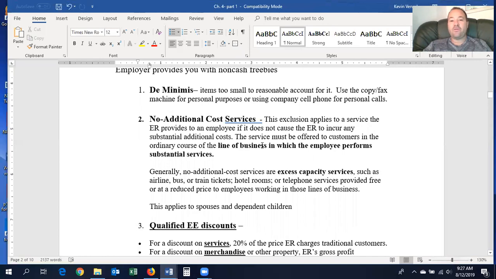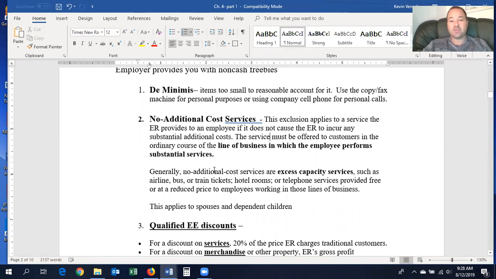All right, no additional cost services. This would be if you work for, let's say, Southwest Airlines, and you want to take a flight. Usually they allow their employees, if there's room, to take a flight for free. Any other type of situation like that, that would be considered a taxable benefit. You would have to include in your income the value of that flight.